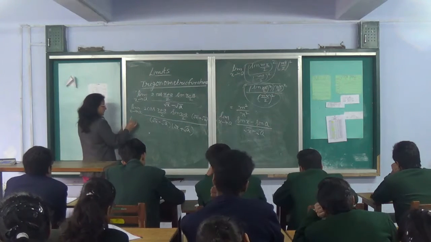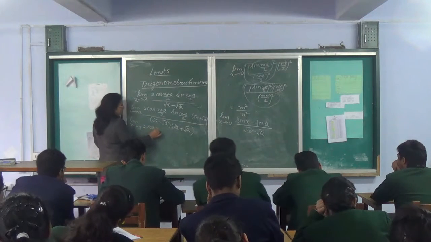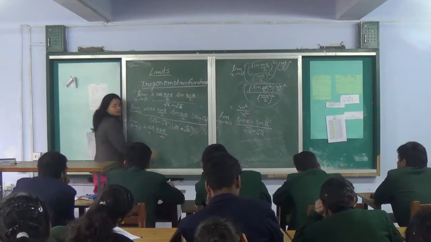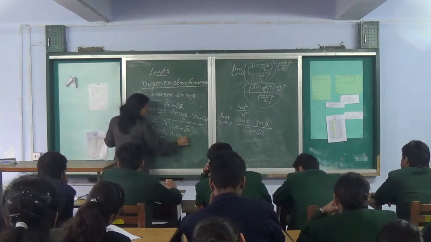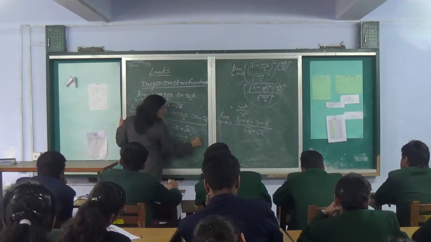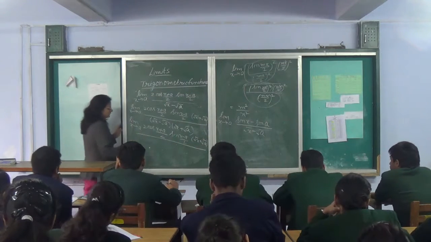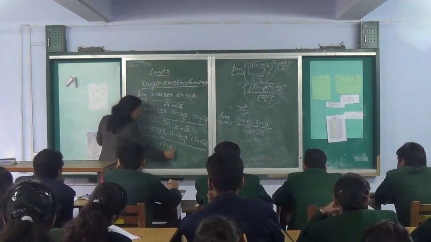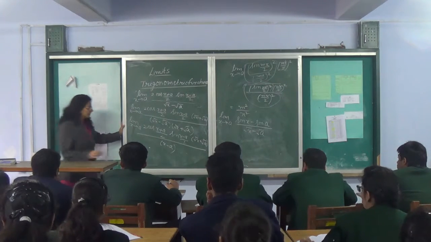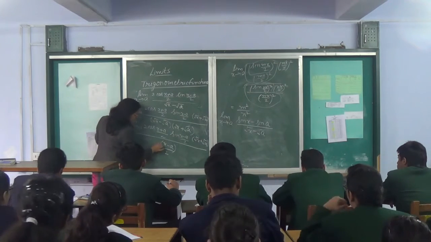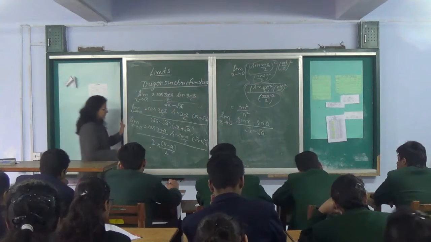So what do we have? It's limit x tending to a, 2 cos((x plus a)/2) into sin((x minus a)/2) into (root x plus root a), upon x minus a. Still we are short of some quantity, and that is, we must have 2 here and we should have 2 here.